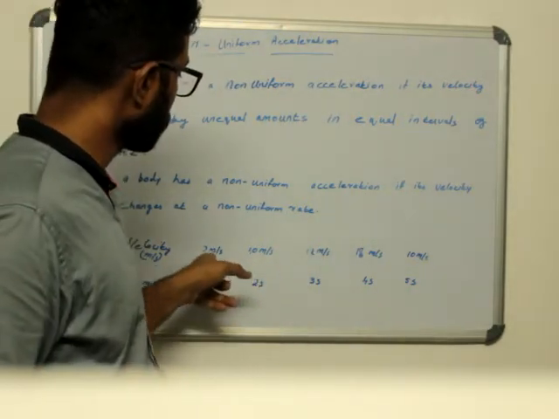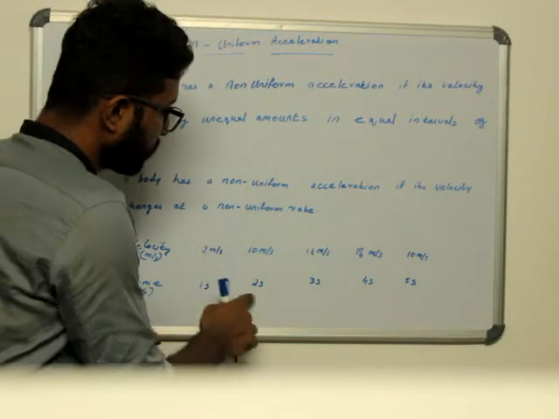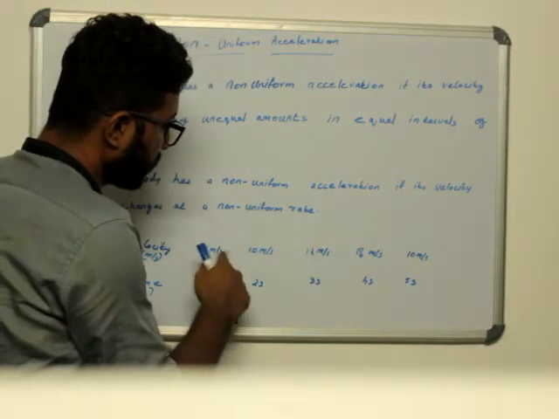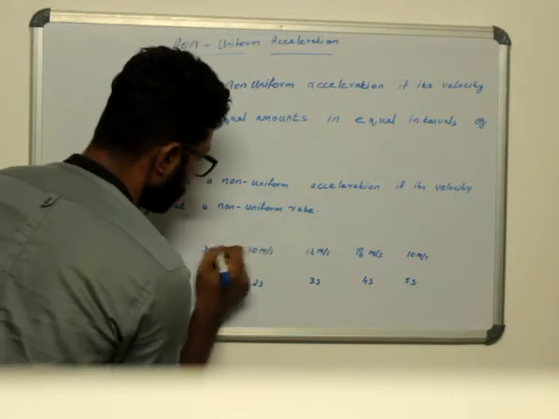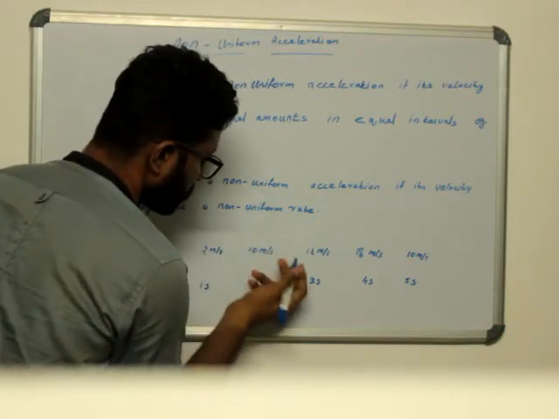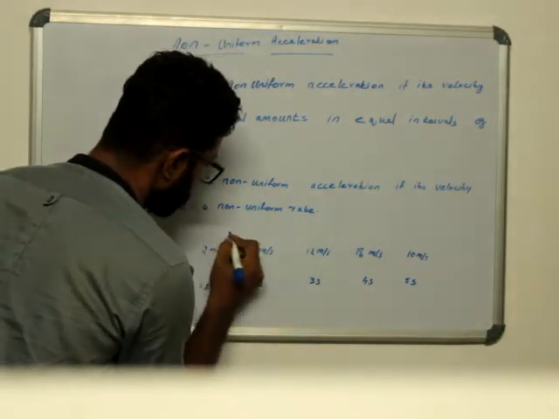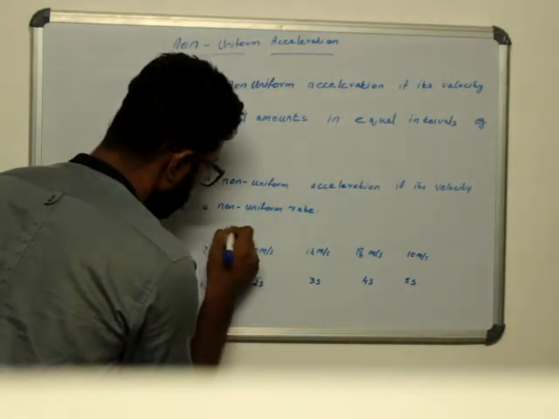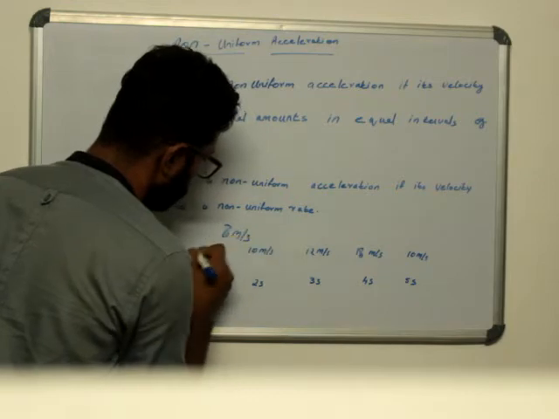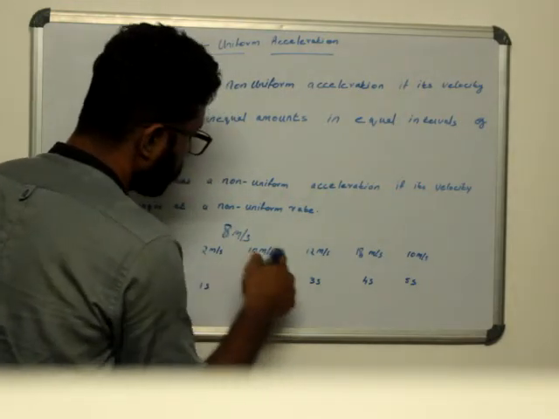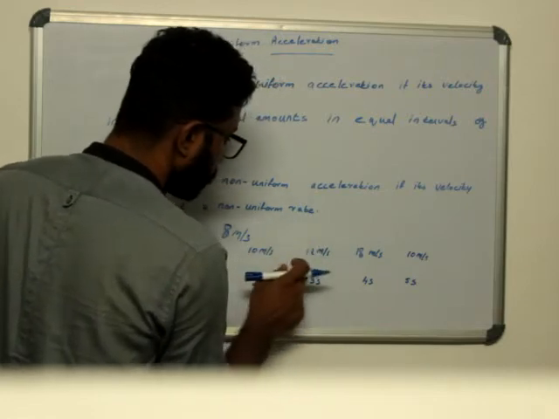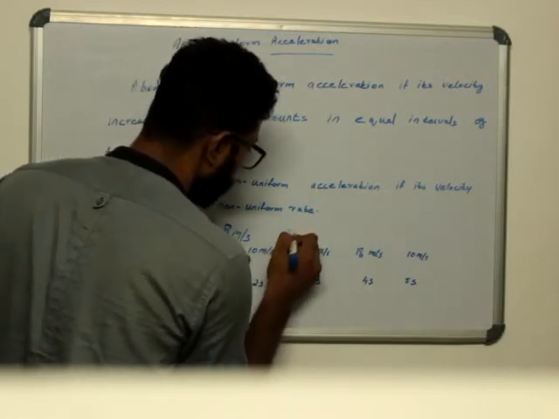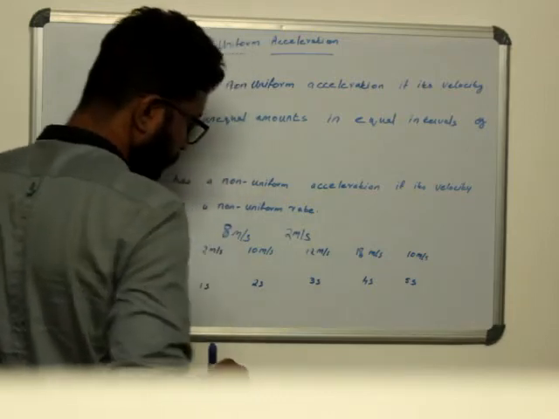In this case, between the first and second seconds, the change in velocity is 8 meters per second. See, 10 minus 2, that is 8 meters per second. Now here the change in velocity is 12 minus 10, that is 2 meters per second.